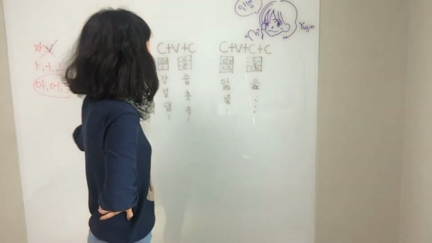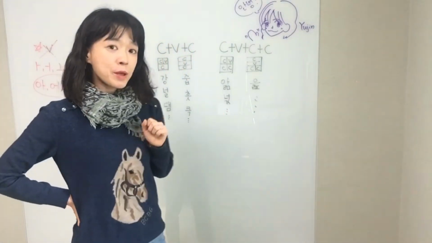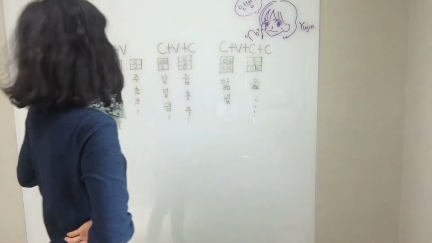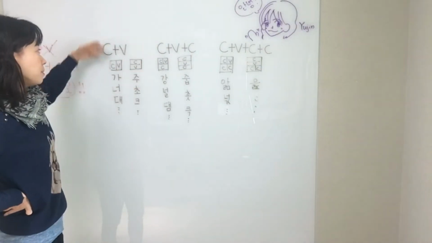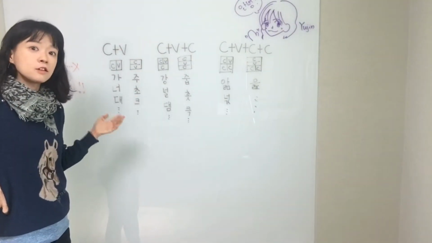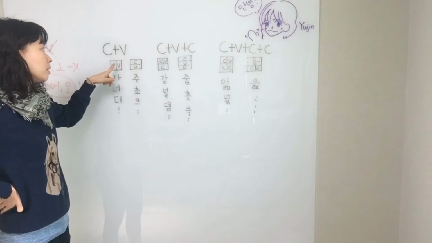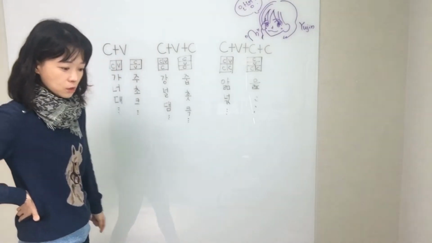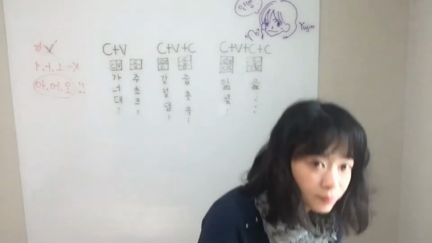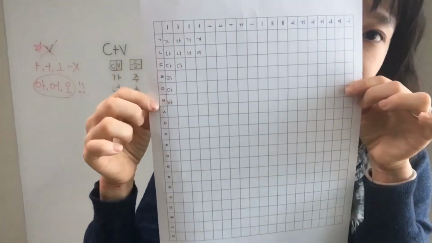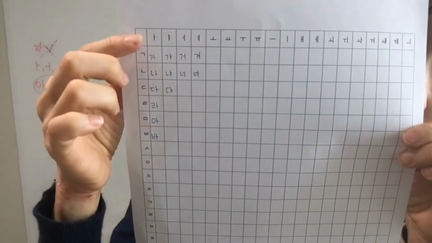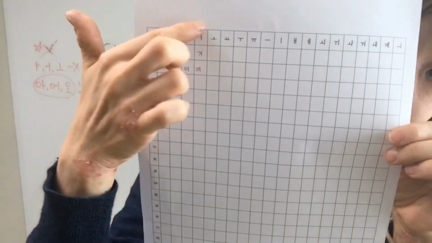Okay, see? So, I recommend you try this combination because we've already learned consonants in initial position and vowels. So make a sheet like this. Can you see this? So here are consonants and these are vowels.